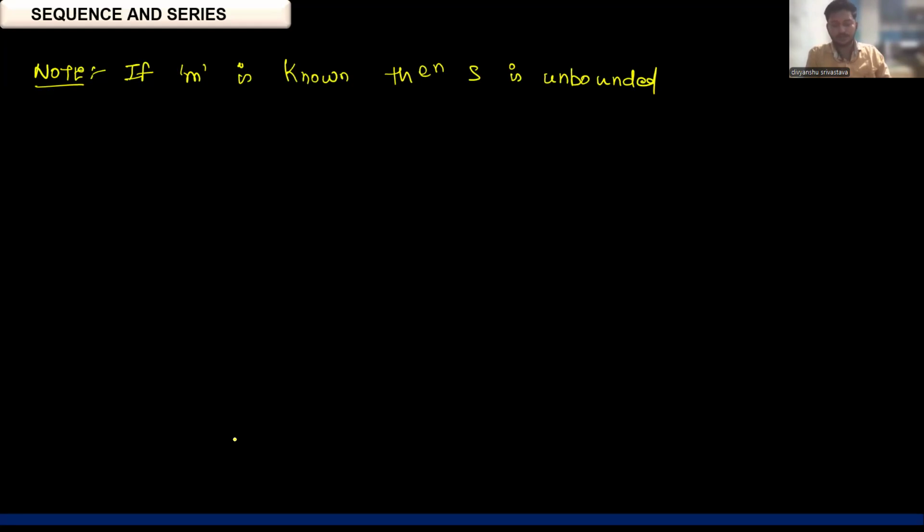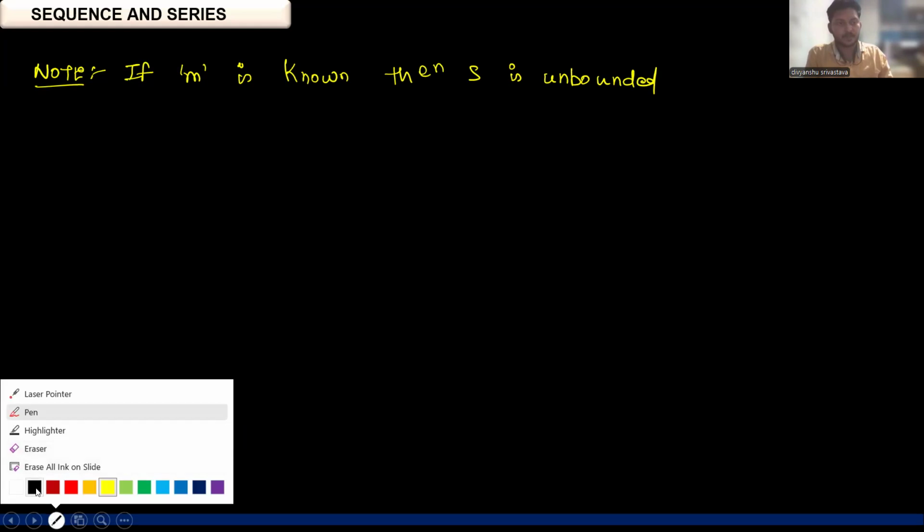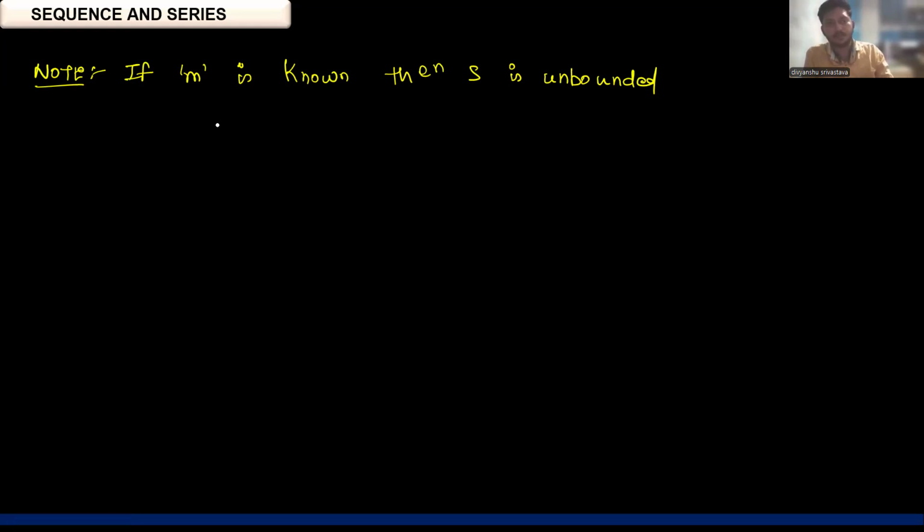So you have some elements like this. Here is an example: S is the set whose elements are -1, -2, -3 and -4 and so on.